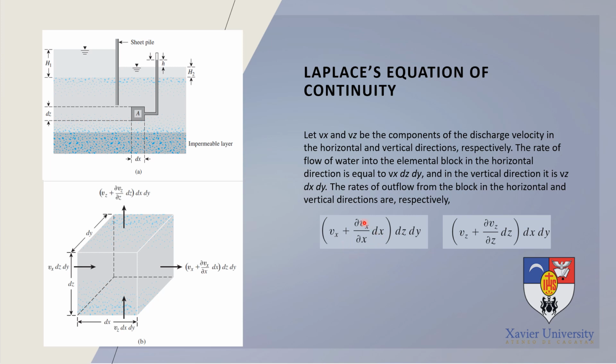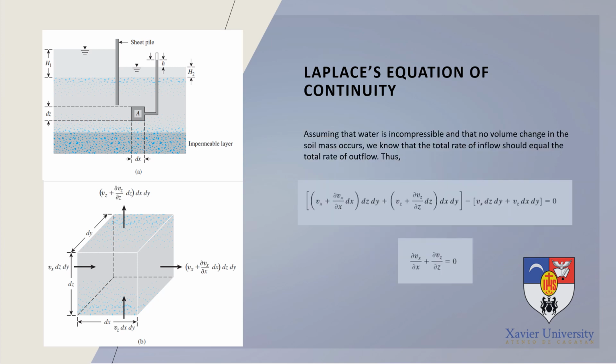Inside the parentheses is the discharge velocity, and dz and dy are the dimensions, the product of which results in the area, and likewise along the vertical direction. Assuming that water is incompressible and that no volume change in the soil mass occurs, the total rate of inflow should be equal to the total rate of outflow. Thus, we get the equation.